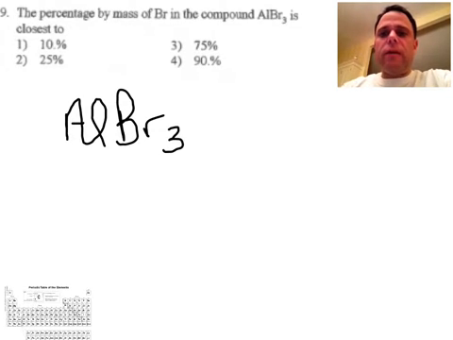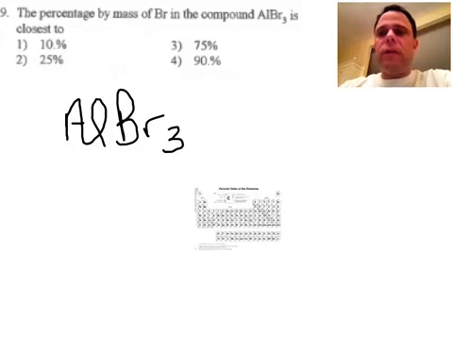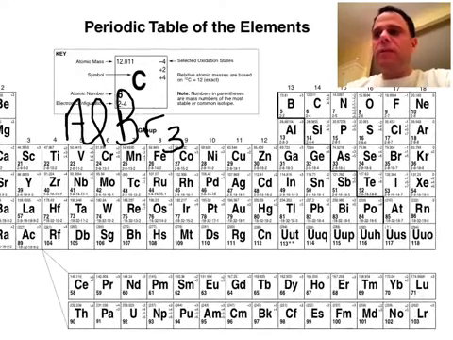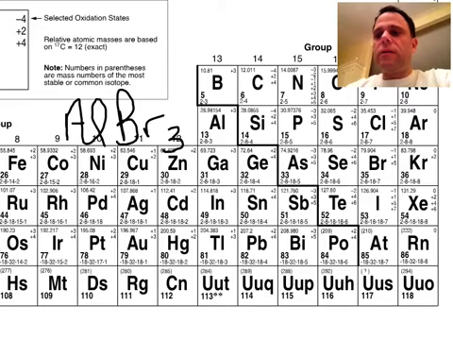To do that, individually, we need to know the masses. Aluminum's mass is right here. There it is, at 26.98, so let's round that to 27. And bromine's at 79.904, we'll round that to 80.